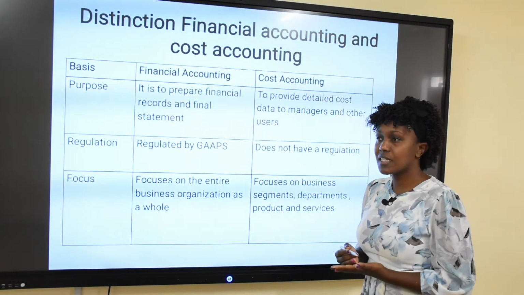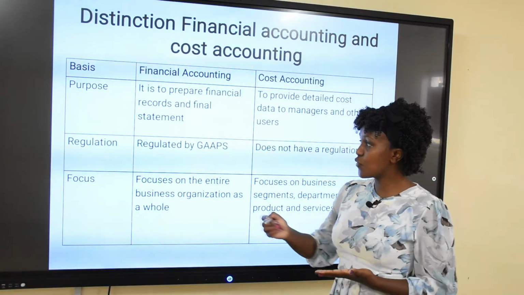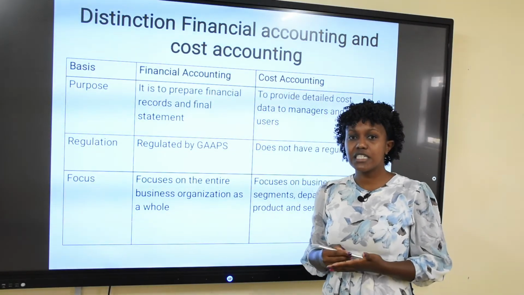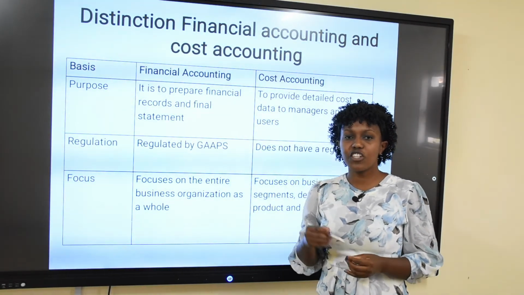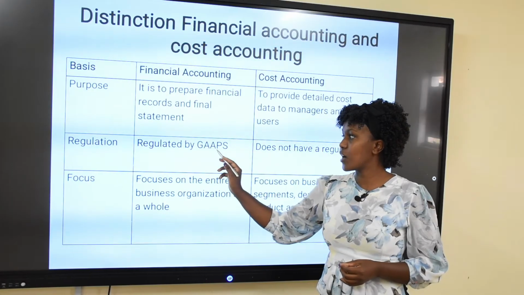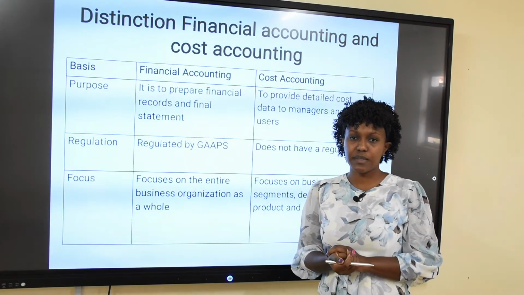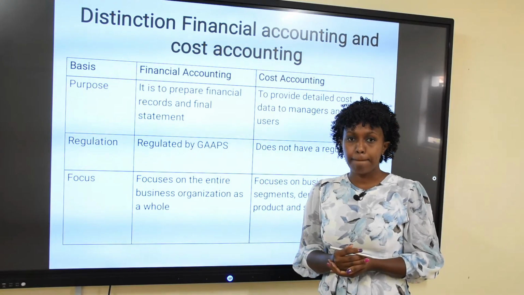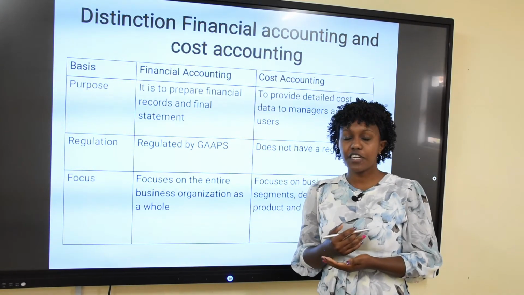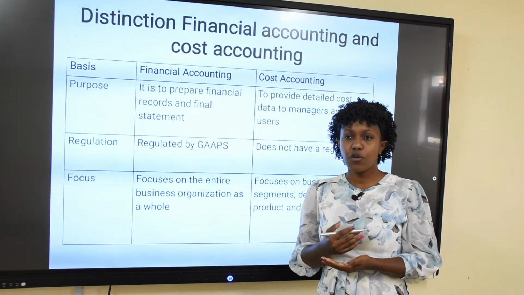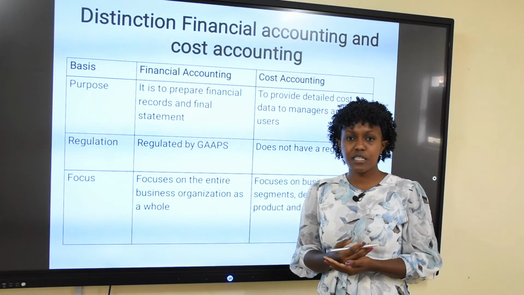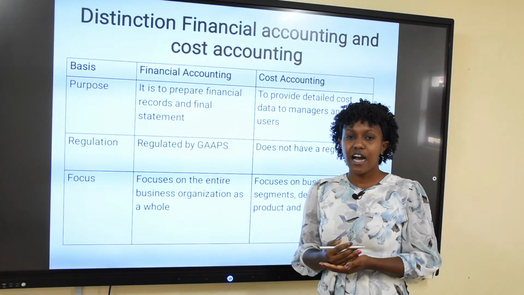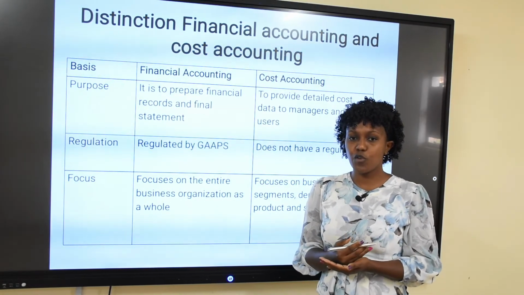Let's also look at another distinction in terms of regulation. Now, financial accounting is regulated by what we call the generally acceptable accounting principles, the GAAPs. It is a well-regulated branch of accounting, so that while you're preparing the income statement, the statement of financial position, the cash flow statements, all these have certain standards that you have to follow.